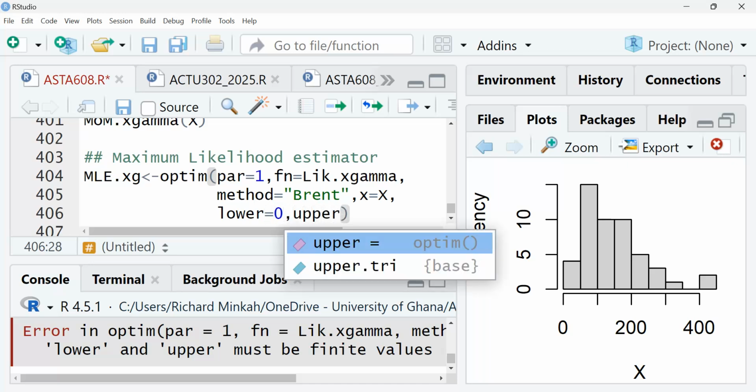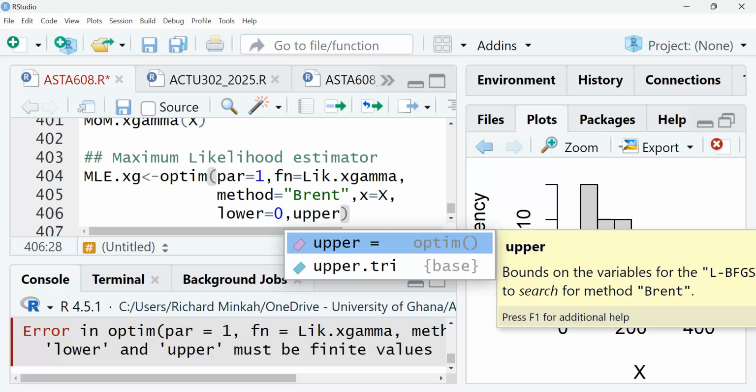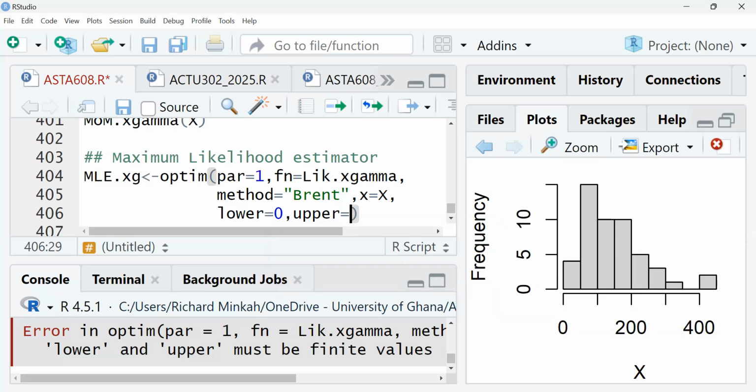The problem with maximum likelihood is that we don't know the parameter, but you always have to guess where it is. And in this case, we are guessing an interval in which the parameter is. But this is simulation, so we know the parameter already, 0.02.